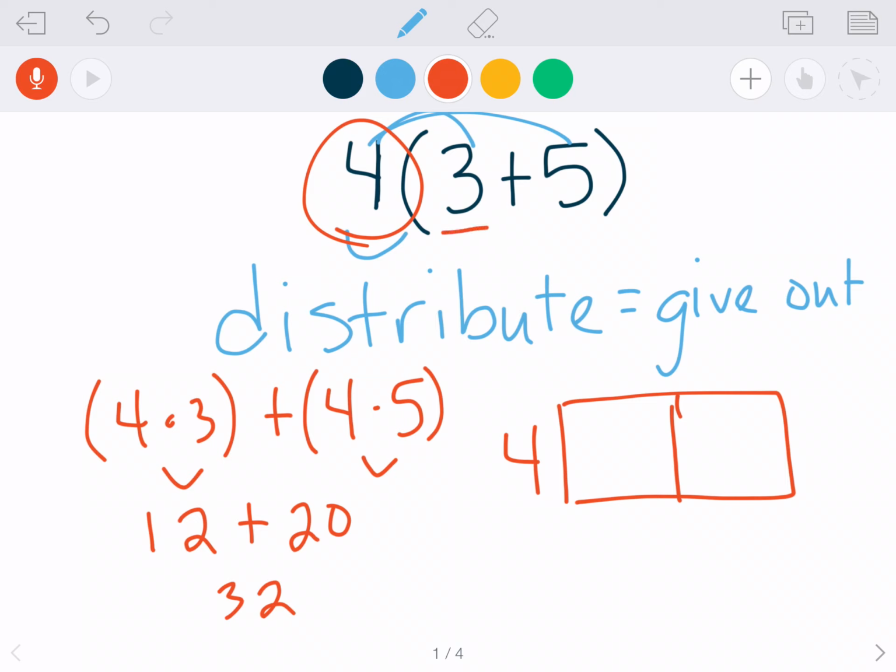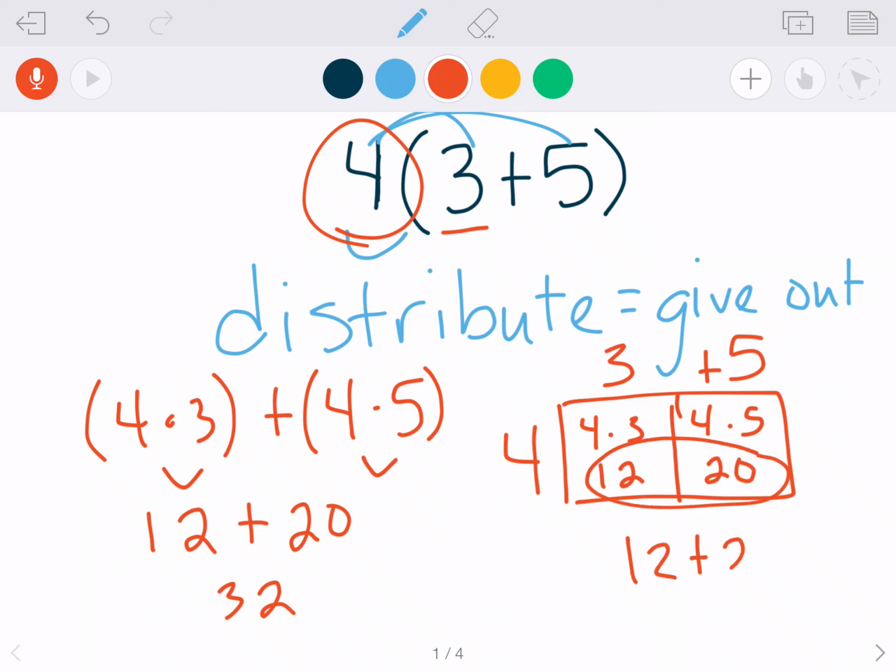This term 3, I'm going to put here, and this plus 5, I'm going to put here. And I know with area, I multiply the sides to get the area of the whole shape. So 4 times 3 is 12, and then 4 times 5 is 20, and then now I have 12 plus 20, and I can get 32 that way.